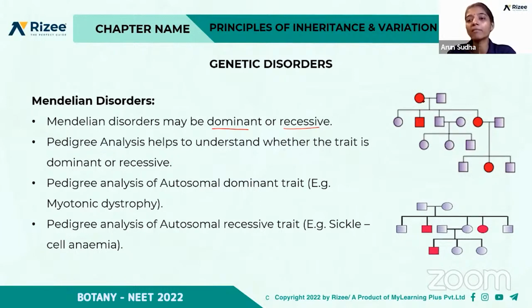But if you take a recessive disorder, it may be in the heterozygous condition and it will be expressed. So even if the parents are not affected, the progeny will be affected by the particular disorder. Okay. So the Mendelian disorders may be either dominant or recessive.